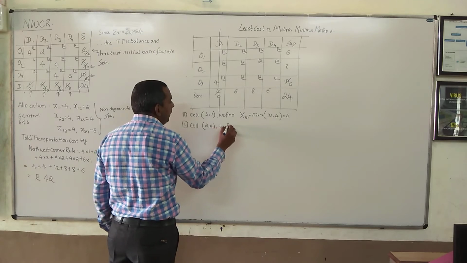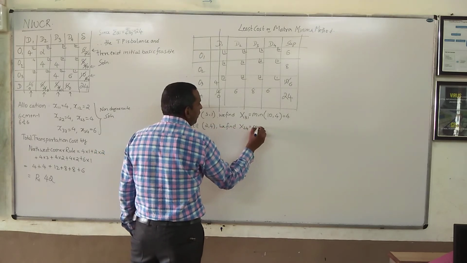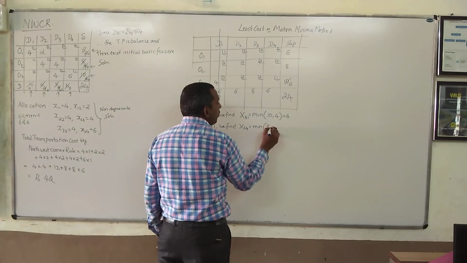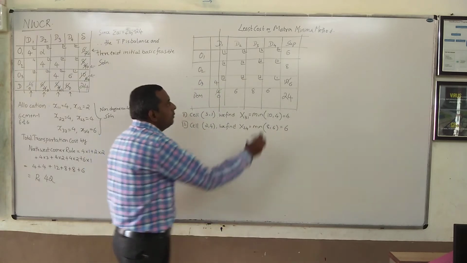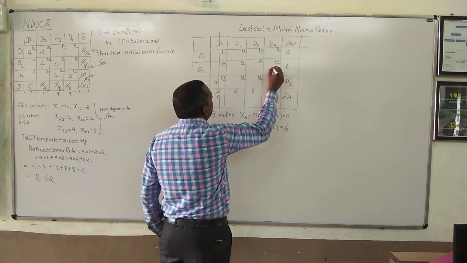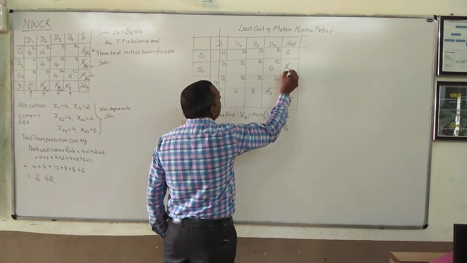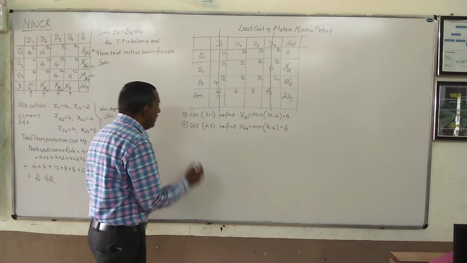So we find x24 is equal to minimum of 8 comma 6, that is equal to 6. So let me write 6 here. So 6 minus 6 is 0, 8 minus 6 is 2. So this complete row will be exhausted.